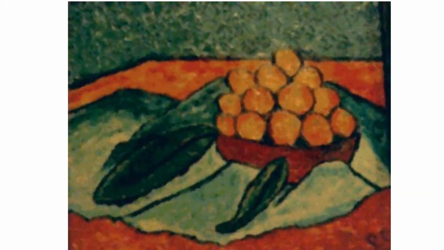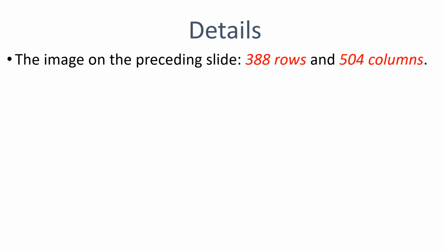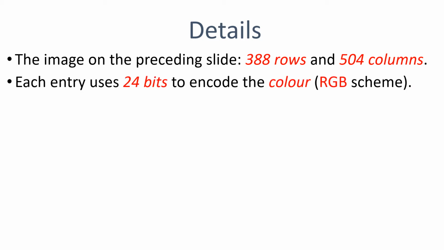So here's an example, a photograph of a still life painting. And if we look at the details for that photograph, we find it is 388 rows and it is 504 columns.